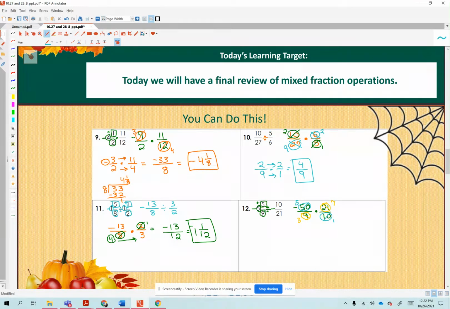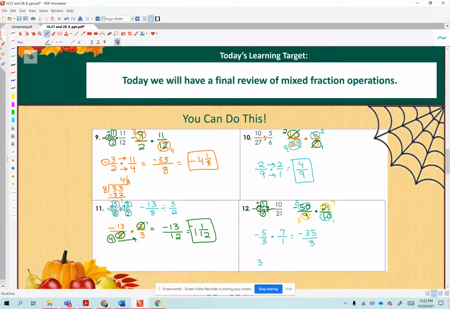So we will rewrite this as negative 5 over 3 times 7 over 1. And when we multiply the numerator and denominator, remember, a negative times a positive is negative. 5 times 7 is 35. 3 times 1 is 3.